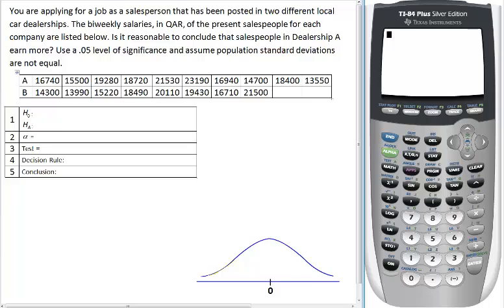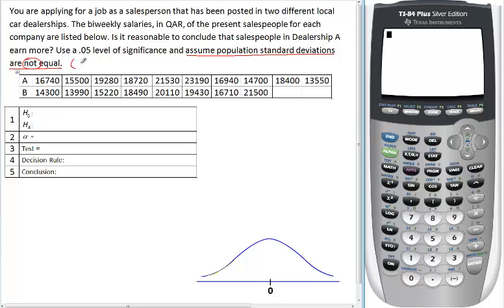Now let's talk about that last part of the sentence there. Assume the population standard deviations are not equal. What that means to us, again we're assuming normal distributions and independent samples, is that when the population standard deviations are not equal, we can't pool the variances to calculate a statistic.